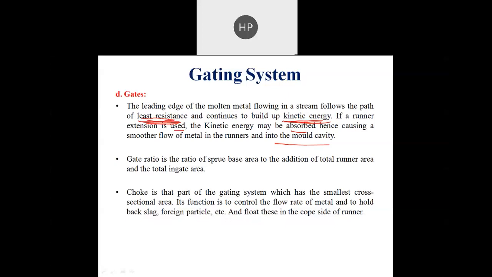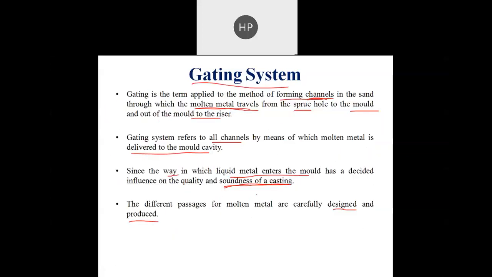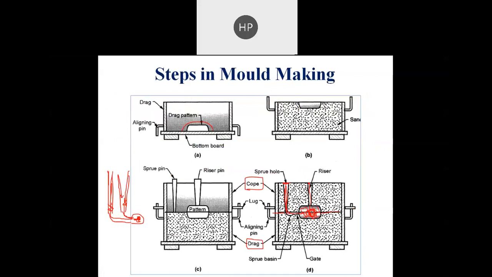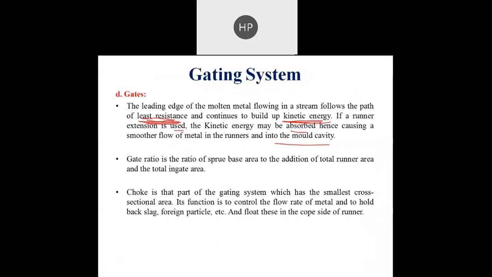It is required, but due to that high kinetic energy, it may erode your sand. Whatever sand may be around this area may erode, and that sand will flow into the hollow cavity with the molten metal. So we have to reduce that kinetic energy at the end.